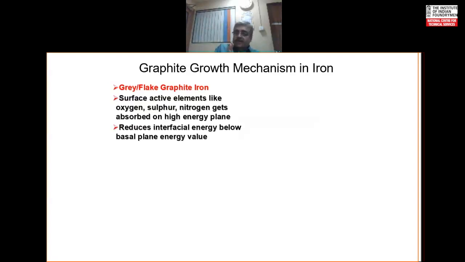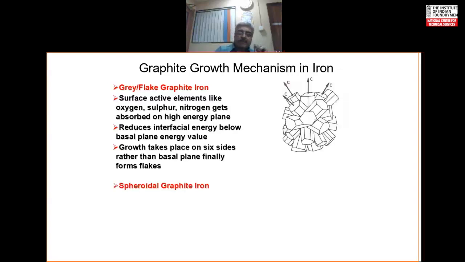So that reduces the interfacial energy of that plane below the basal planes. So any growth happens at right angles to that lowest energy plane. So growth takes place on the six sides rather than the basal plane and finally forms flakes.